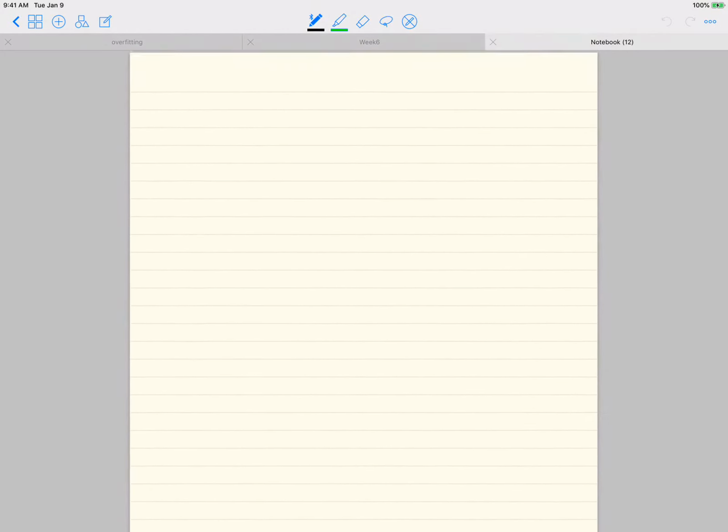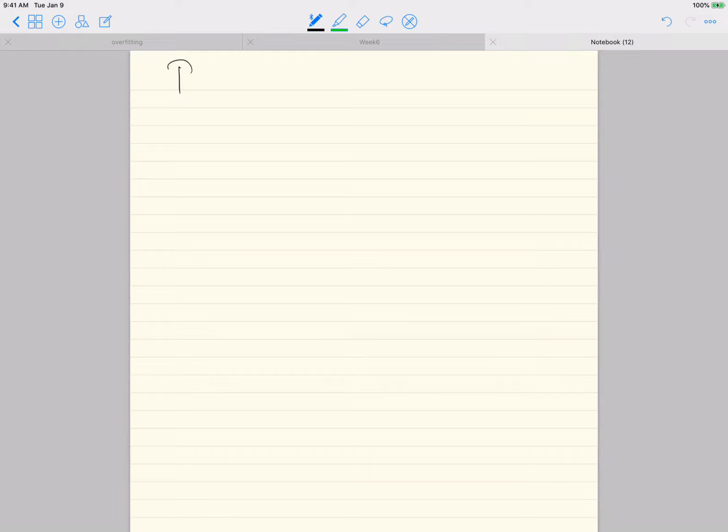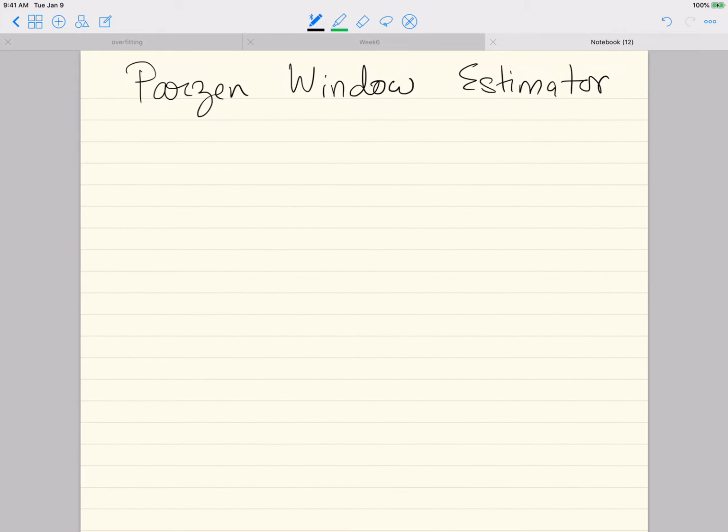The first method, actually before we go to Gaussian mixture models, is the Parzen window estimator. So the idea here is that we will be using Gaussian kernels. A Gaussian kernel is basically the distribution of a standard Gaussian variable with zero mean and unit variance.